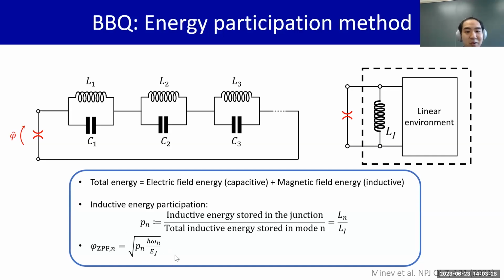So this is how we would evaluate phi ZPF from the participation ratio, and we're able to extract the participation ratio from HFSS. And that's the basic idea of the energy participation ratio method applied in black box quantization.